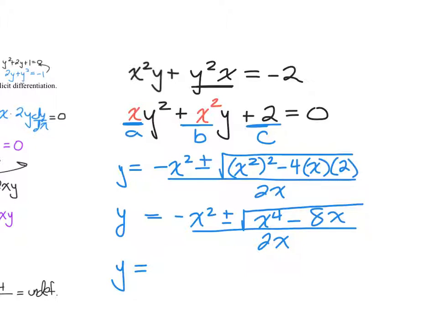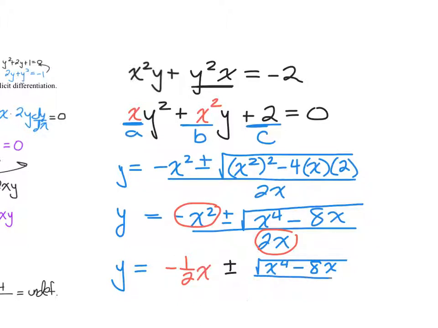So if I split my fraction, this over this, that would be negative 1/2 x, and then the plus or minus, and then the other part is pretty much as is: x to the 4th minus 8x under the radical with a 2x on the bottom. What happened to the squared and the negative x squared? Oh, I actually divided it by the 2x. Oh, so you just subtracted. I just subtract the exponents.